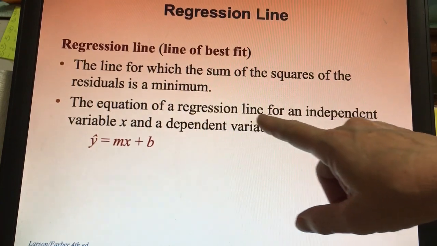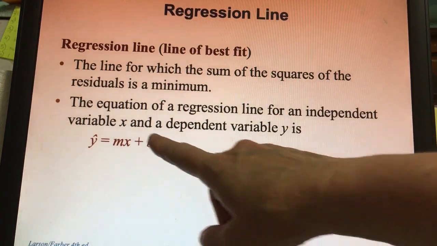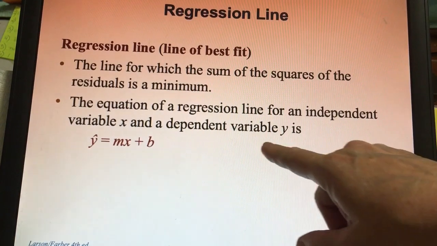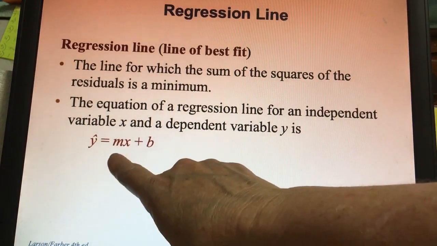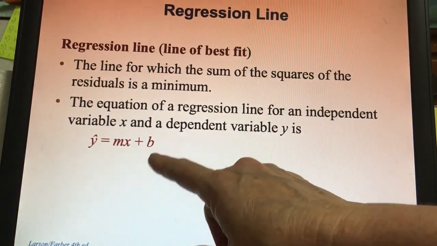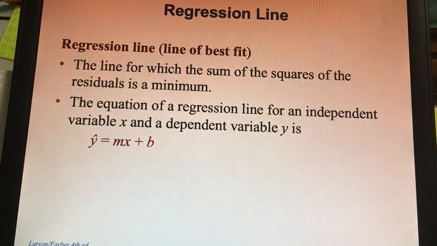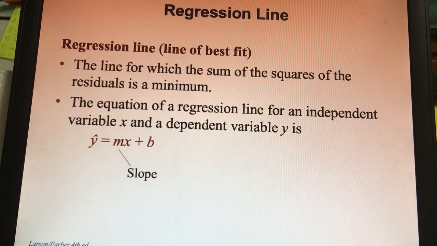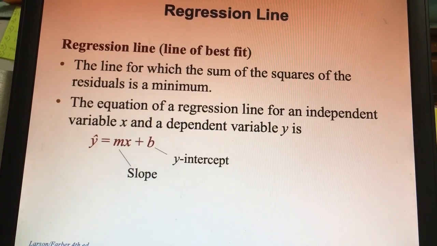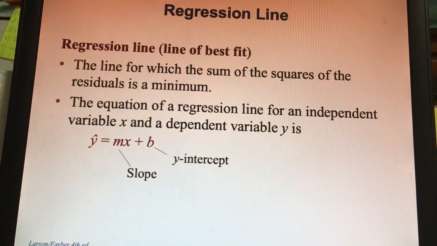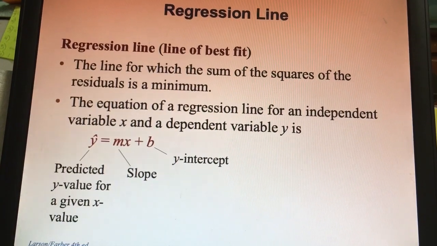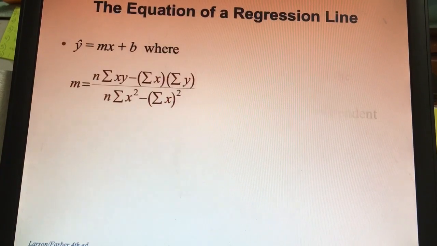The equation of a regression line for an independent variable x and a dependent variable y is this. So y hat is mx plus b, and notice the y hat is what we're going to call the regression line, where m is the slope, b is the y-intercept, nothing new there, and y hat is the predicted y value for the given x value.